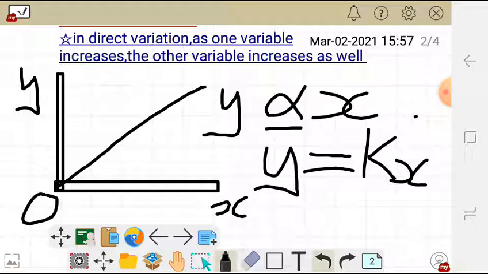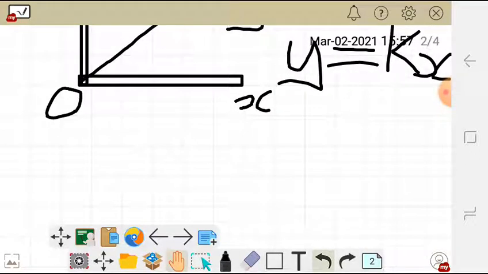That's what k means. So whenever you replace that alpha symbol with an equal sign, don't forget that there is a constant of variation. Then from there, let's have our first example and see how we can use this formula to calculate problems involving direct variation.